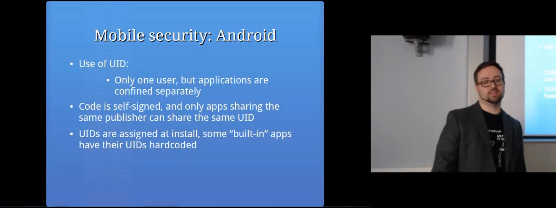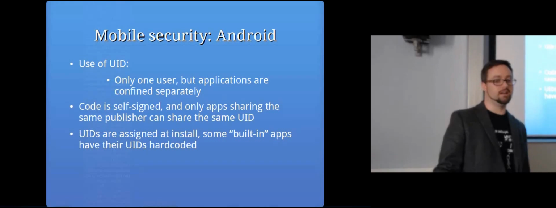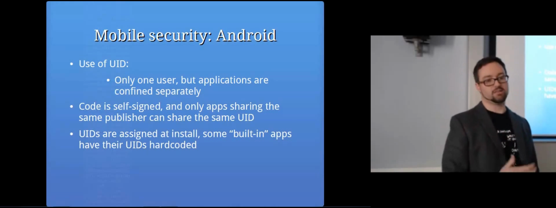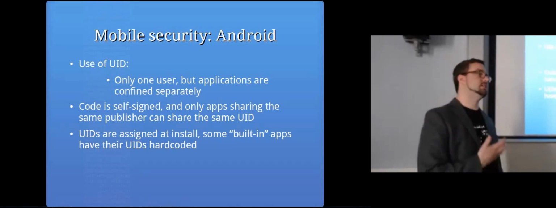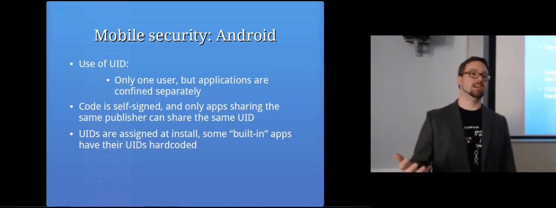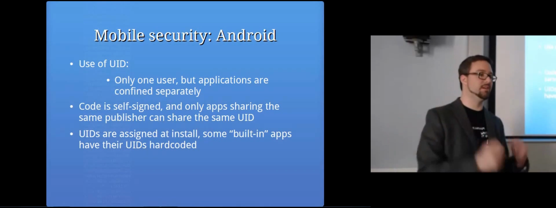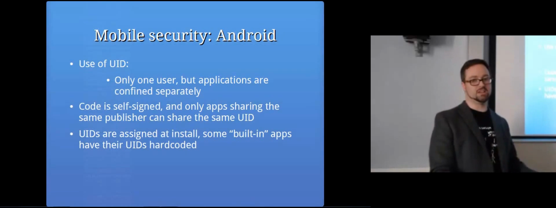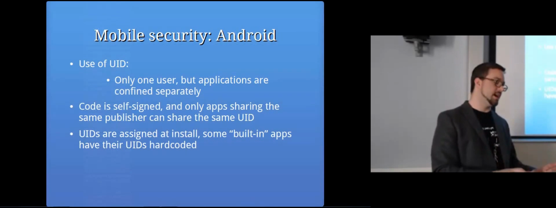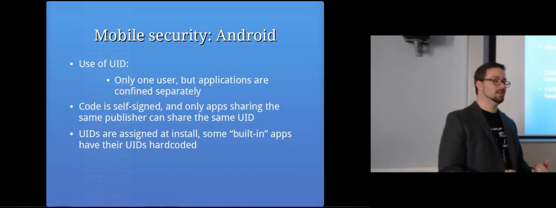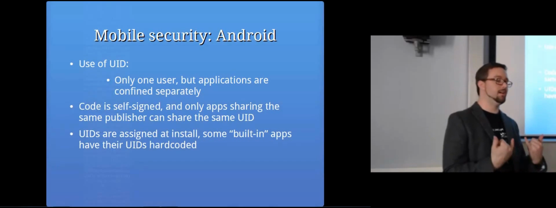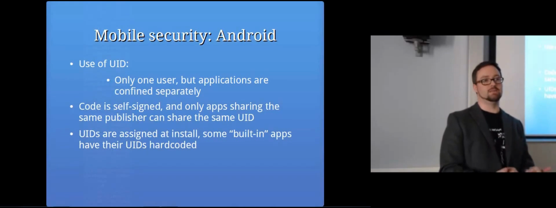So on an Android device, you sign your code. So you use a digital signature to say that I created this code, but it's self-signed, so it doesn't prove anything about whether you can trust the person, because you can generate your own certificate and sign the application, but it does allow you to have applications that share the same UID.